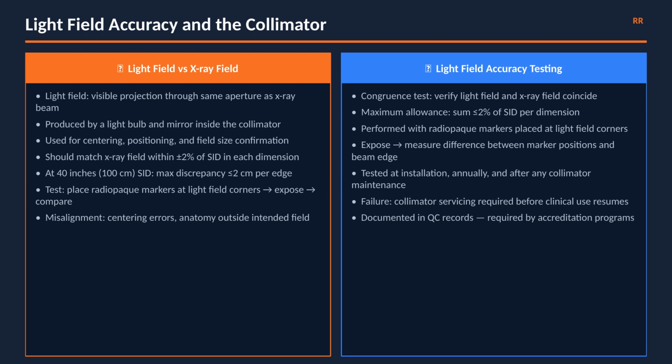Failure means the collimator must be serviced and recalibrated before the unit returns to clinical use. Do not continue using a collimator that fails this test. Every exam taken with a misaligned light field has been centering off the actual beam. Tested at equipment installation, annually, and after any collimator maintenance or repair.